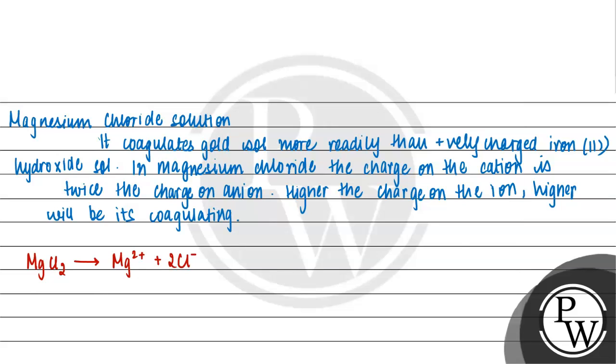So we can see that the charge on the cation is twice the charge on the anion. तो हमारा cation का चार्ज जो है वो डबल है anion के चार्ज से, क्योंकि anion charge is 1 whereas cation charge is 2.